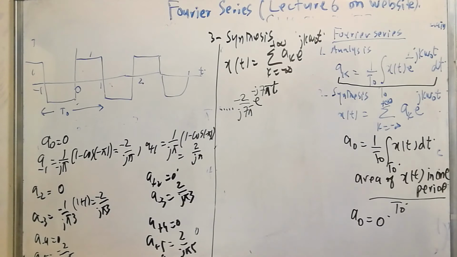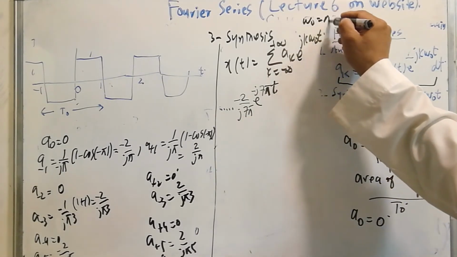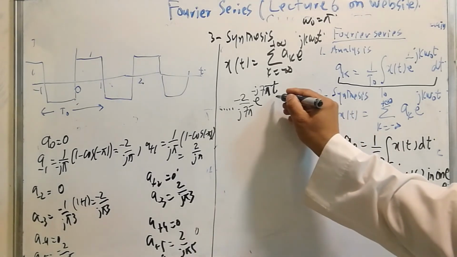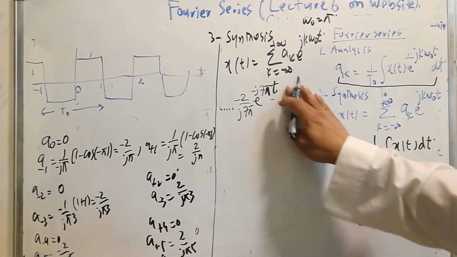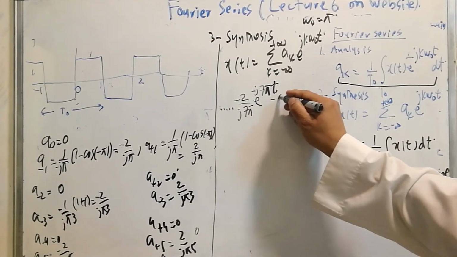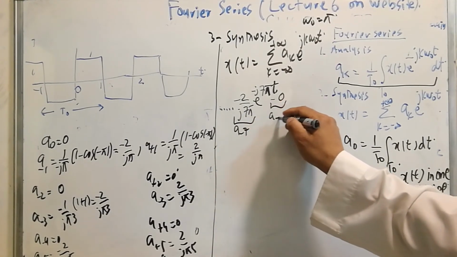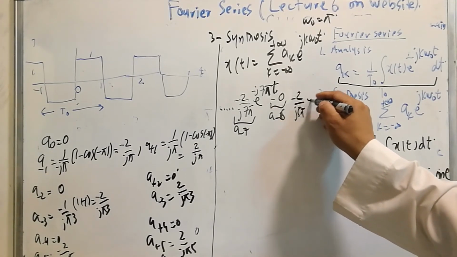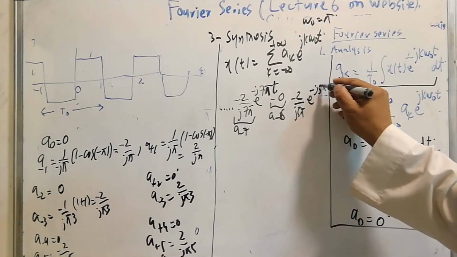Pi t, or omega naught, whatever. So omega naught equal to pi, as we found in the first step, minus 2 over minus 0, because a6 will be 0. So this is a7, a minus 7. This is a minus 6, minus 2 over j 5 pi e raised to power minus j 5 pi t.